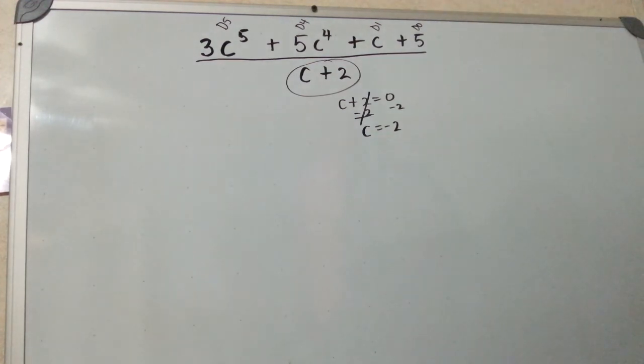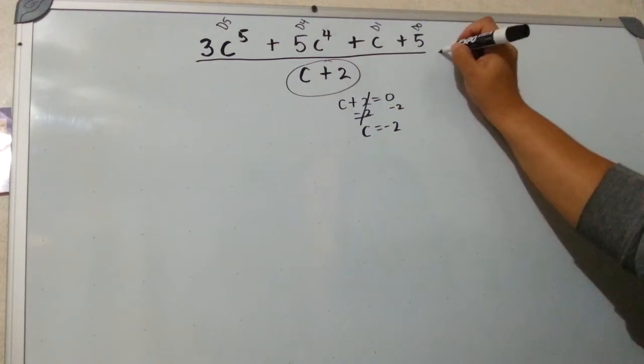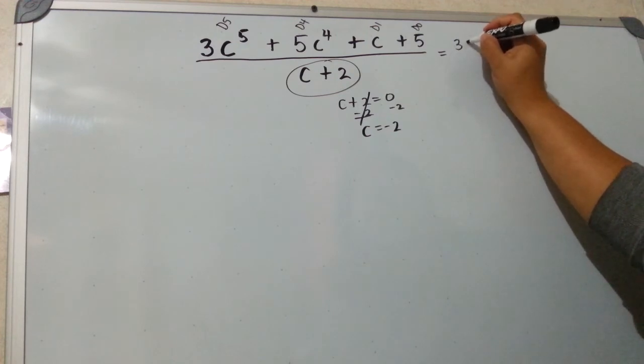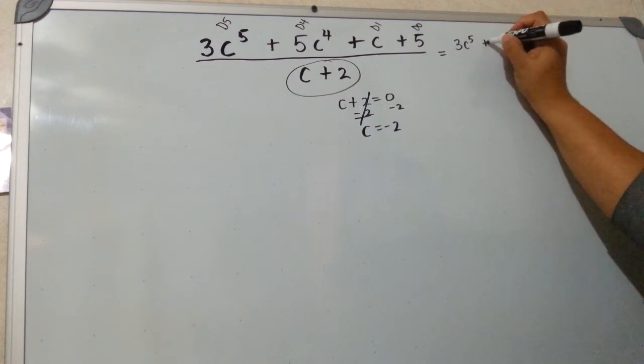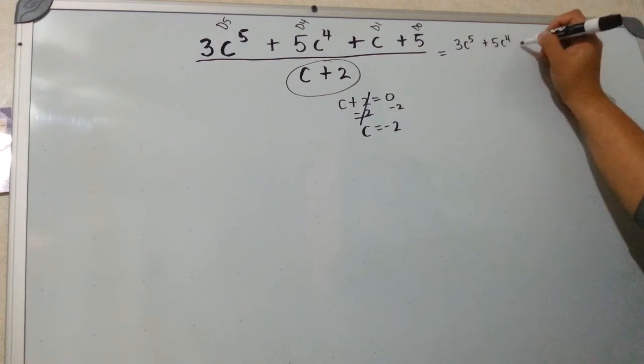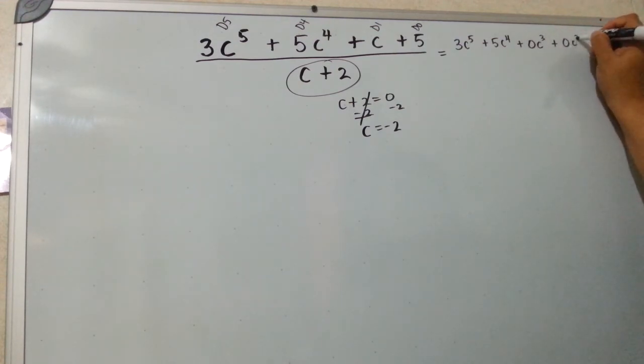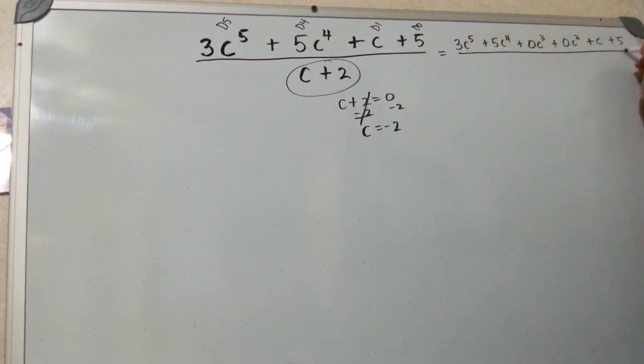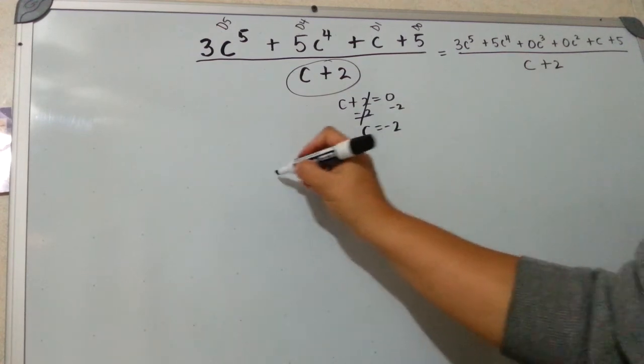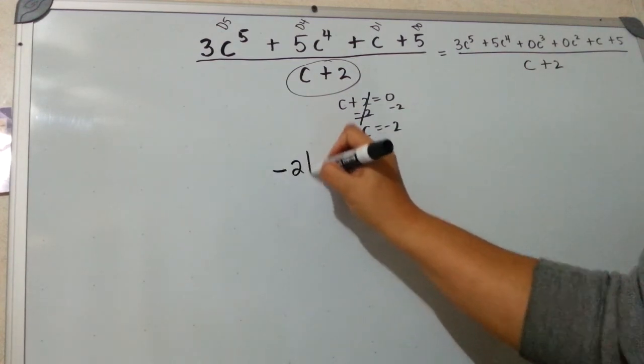We have several degrees missing, degree 3 and degree 2. So this needs to be rewritten as 3c to the 5, 5c to the 4th, 0c to the 3rd, 0c squared, plus c plus 5, over c plus 2. Alright, the c that we need is a negative 2, right?